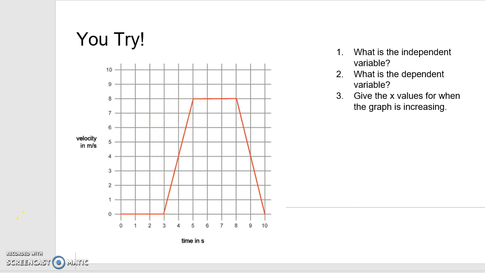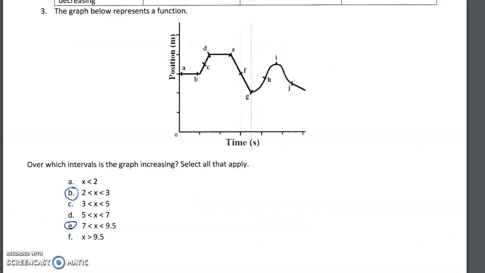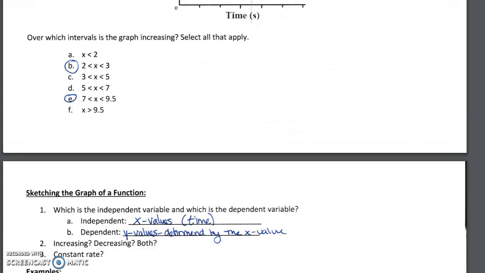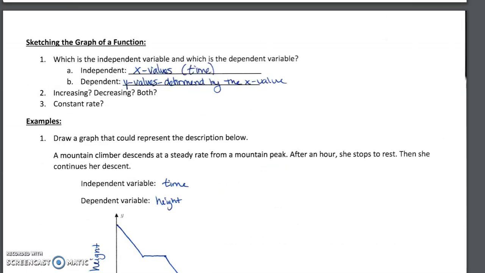Okay, go ahead and go back to your notes. Here are the words that we were just using. We were talking about independent and dependent variables. So here's your chance to actually see that being used. Which is the independent variable and which is the dependent variable? The independent variable is going to be the variable that you get to pick.